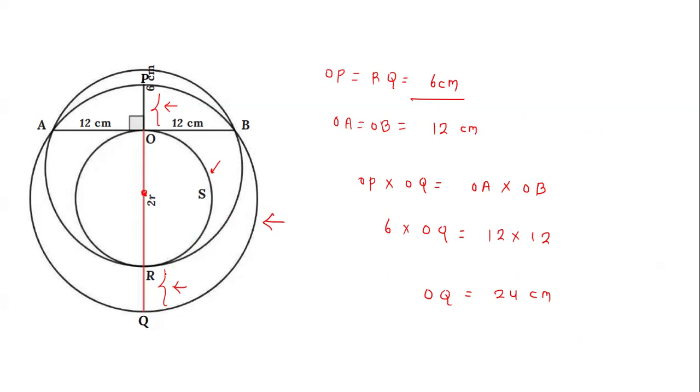And O is the center, and this is 12 centimeter and this is 12 centimeter, because AB whole is 24 centimeter. So because of symmetry, both are equal to 12 centimeter, half and half.